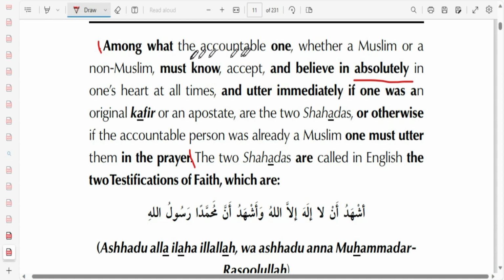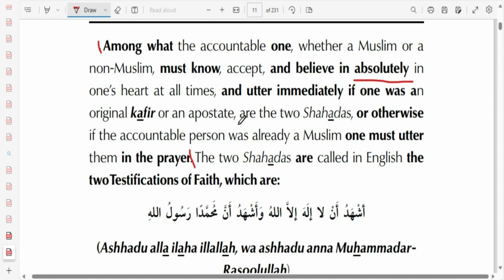So, among what the accountable one, whether a Muslim or non-Muslim, must know, accept, and believe in absolutely in one's heart at all times, and must utter immediately if one were an original kafir or an apostate. Yani, if he were a kafir, original kafir or apostate, either way, among what the accountable one must know, accept, and believe in absolutely are the two shahadas.